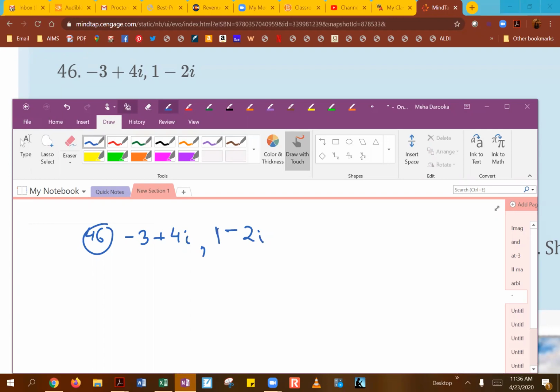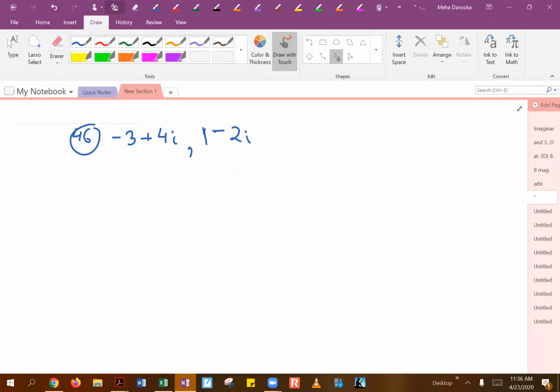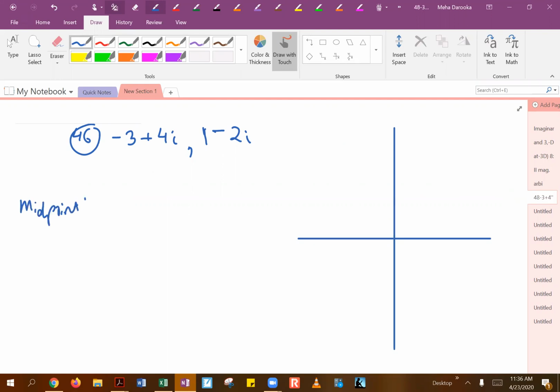So what are we looking at as our midpoint formula again? Midpoint formula is a plus s over 2, and then the second point is b plus t over 2. Okay, very good. So again, add the two real parts together, divide by 2. Add the two imaginary parts together and divide by 2.